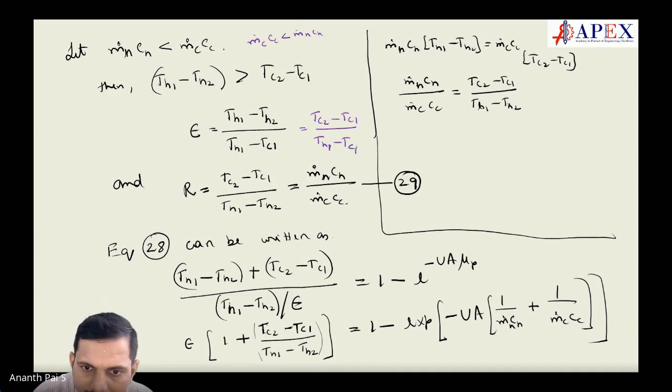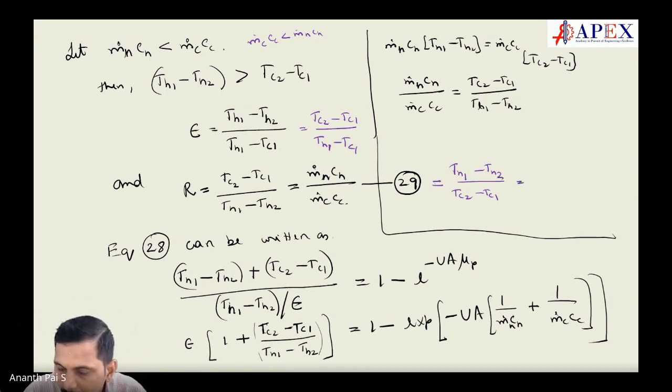And what would this be? R would be equal to Th2 minus Th1 divided by Tc2 minus Tc1, that is Th1 minus Th2 over Tc2 minus Tc1, which would be equal to m dot h, instead of m dot h, m dot c Cc divided by m dot h Ch.